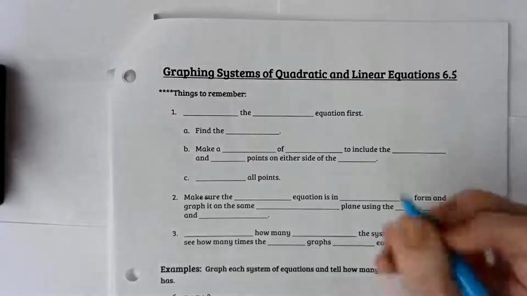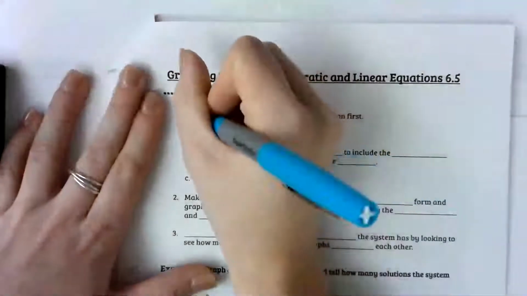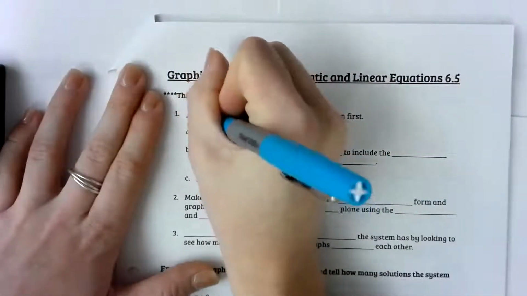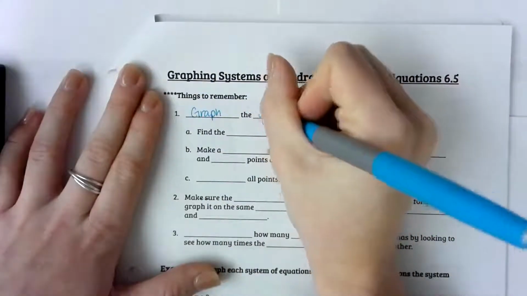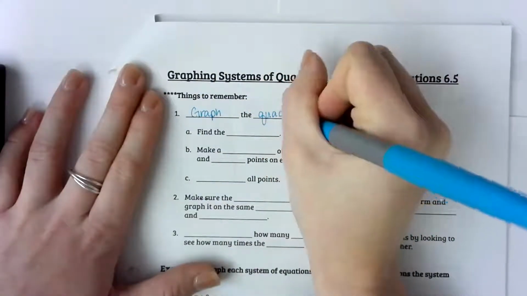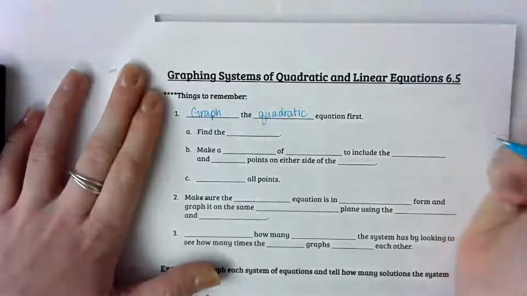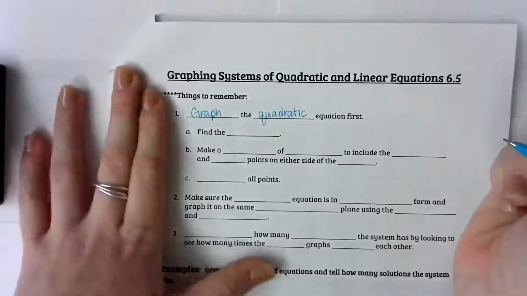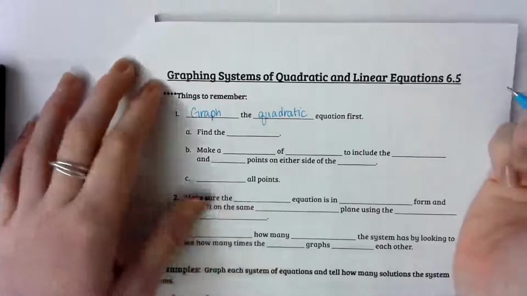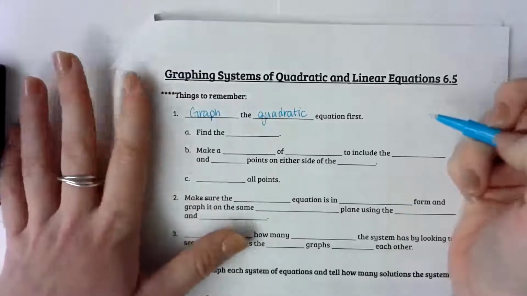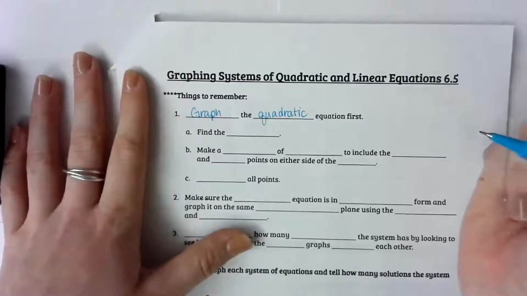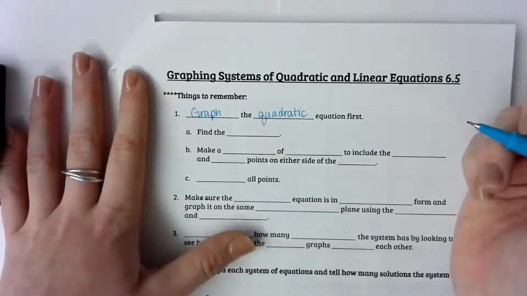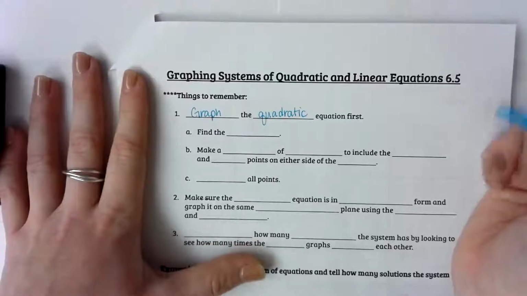So some things to remember is you're going to want to graph the quadratic equation first. So that'll either be in standard form or vertex form. You're just going to have to know which one it's in to find everything.